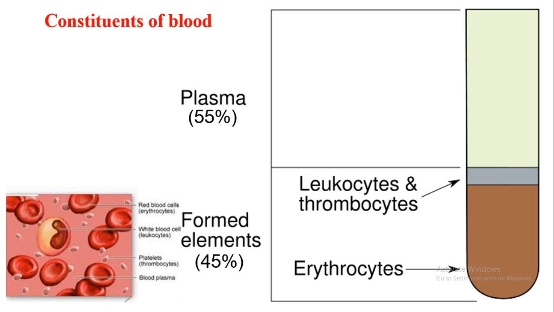Plasma constitutes 55% of the blood and the formed elements constitute 45% of the total blood volume. The formed elements include various blood cells like RBC, WBC and platelets.